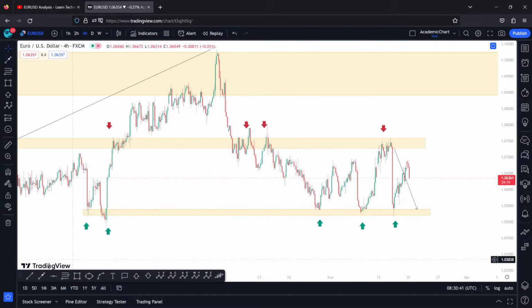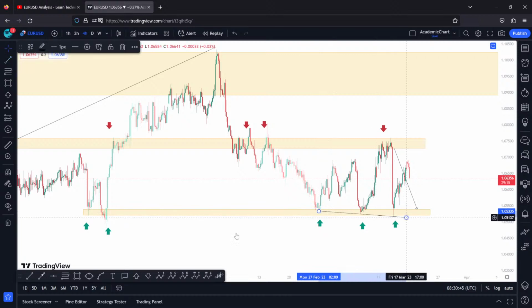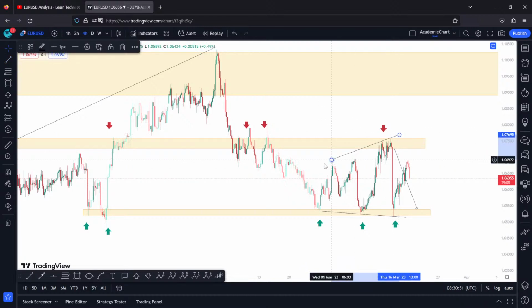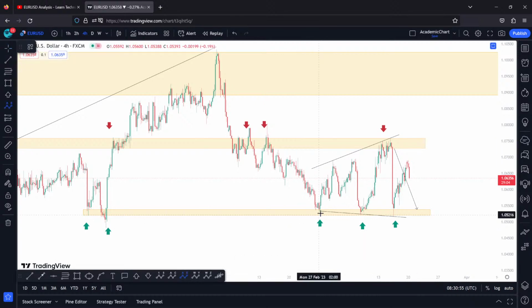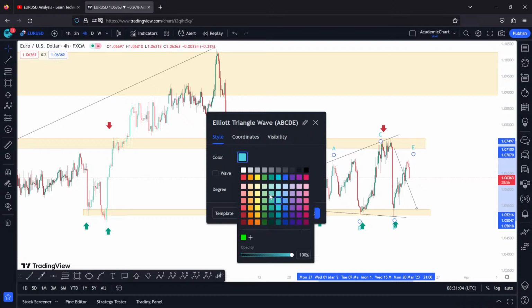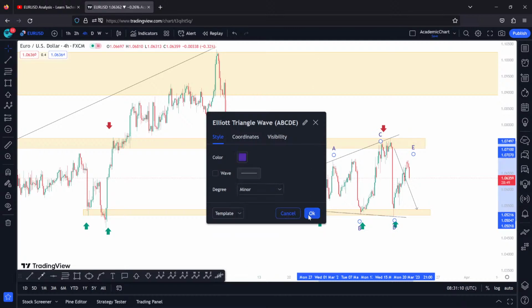And this correction seems to be some sort of expanding triangle or reverse triangle, however you would like to name it. And you know that in these triangles, I can count the waves as A, B, C, D, and E. Let's change the colors to something that can be viewed better.